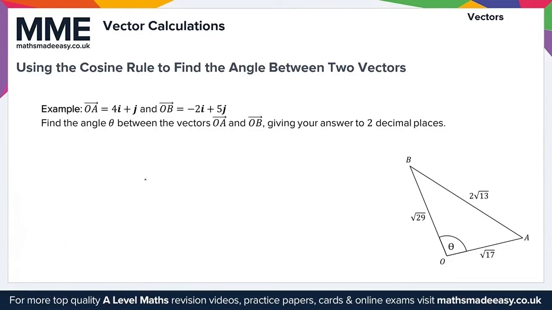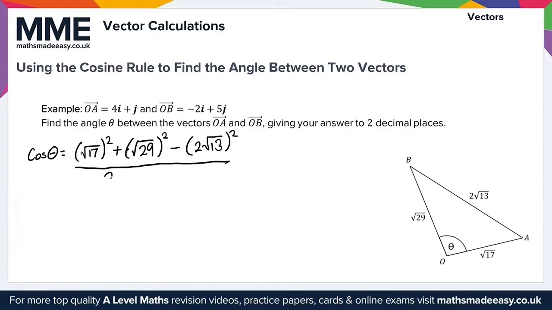Using the cosine rule, we can say cos theta is equal to the square root of 17 squared plus the square root of 29 squared minus 2 root 13 squared, and we divide this by 2 times root 17 times root 29.